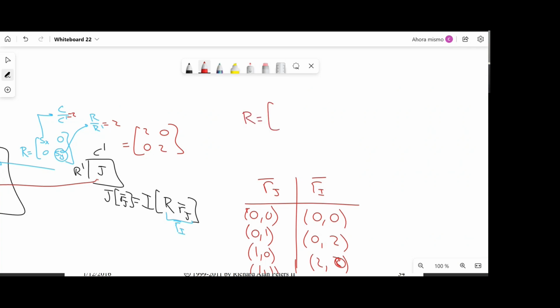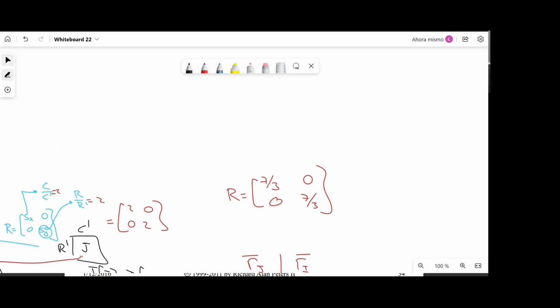So I can have one that is 7, 3, 0, 0, 7, 3, as we had on the slides. Or I can have the opposite. So I can have 1, 2, 3, 7, 0, 0, 3, 7.